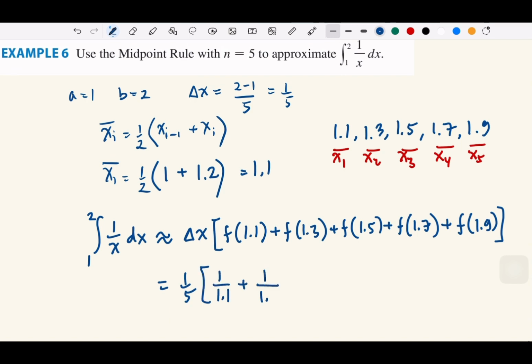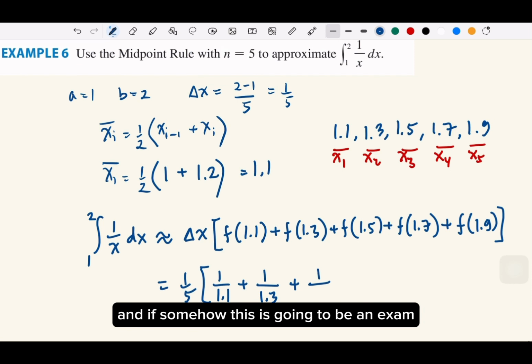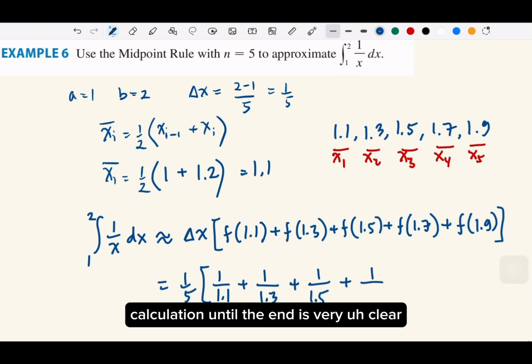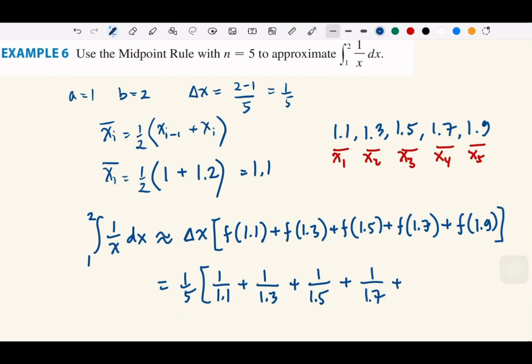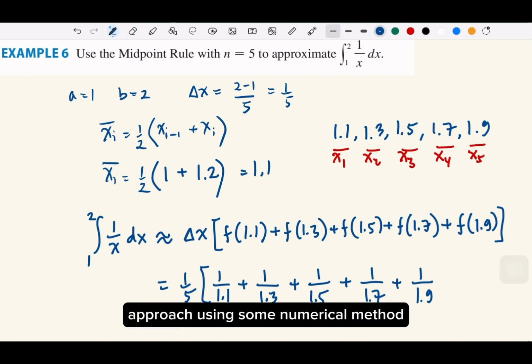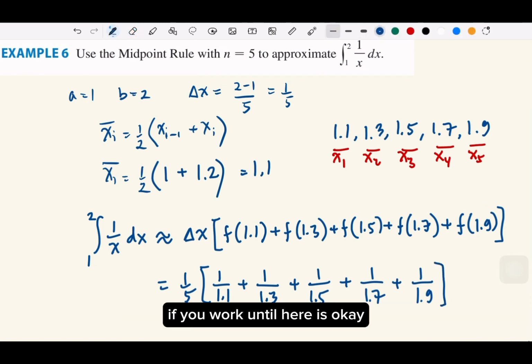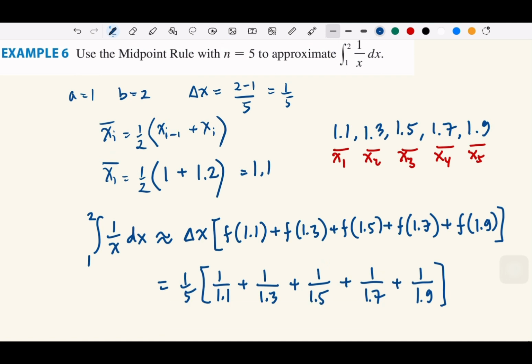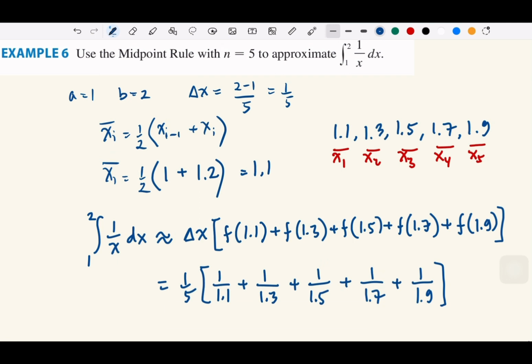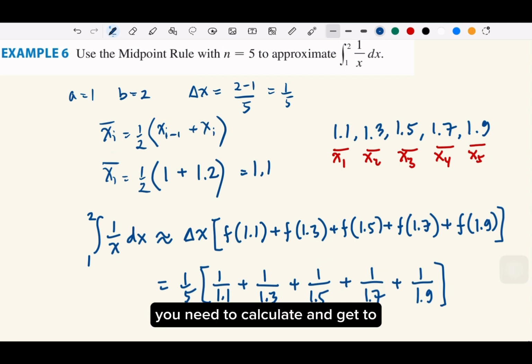And if somehow this is going to be in an exam, I don't think calculation until the end is very necessary. I think if you are asked to approach using some numerical method, if you work until here, it's okay. No need to calculate until the end. But in the real case, you need to calculate to get the numbers.